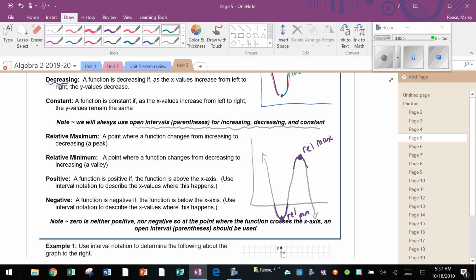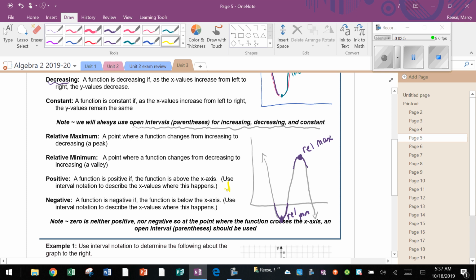The positive negative is something that not everybody remembers and that we still have a little difficulty with in Algebra 2. So listen up to this, okay? A function is positive if the function is above the x-axis. Let me do it in yellow so you can see.